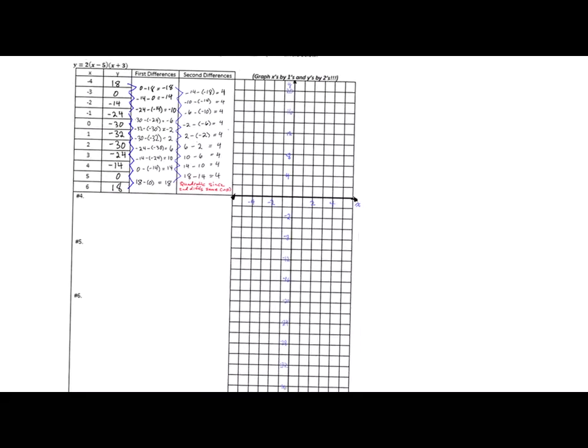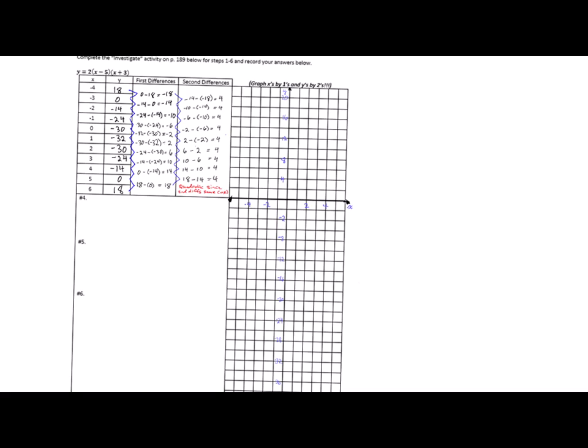At -32, we're going to plot our first point for our y value, and it's going to be at x is equal to 1. And then I'm just going to keep going for only half of the parabola.